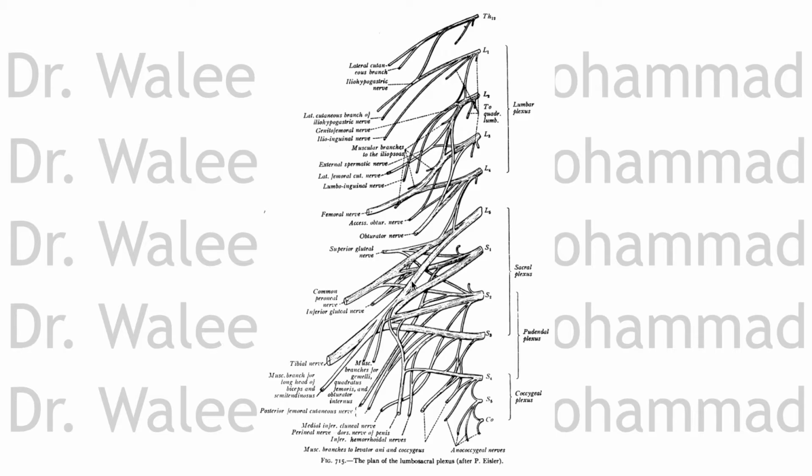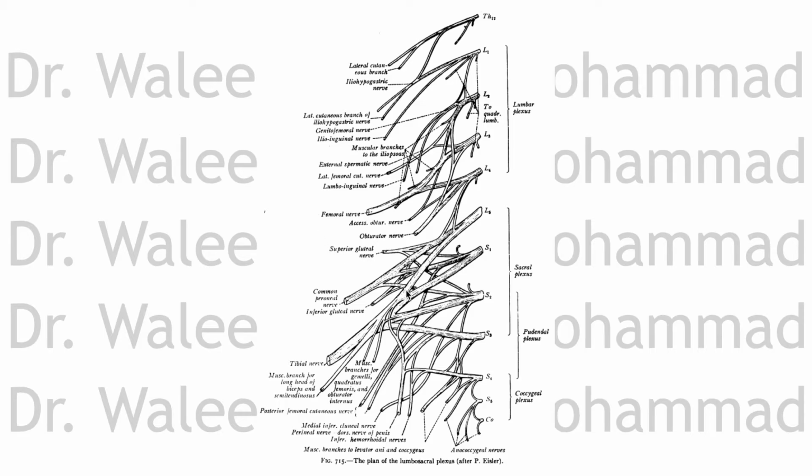So these plexuses ensure that there is harmony in the movement of the muscles, and to save space. Without the plexuses, the diameter of the spinal cord would be huge because of the cells supplying the muscles.